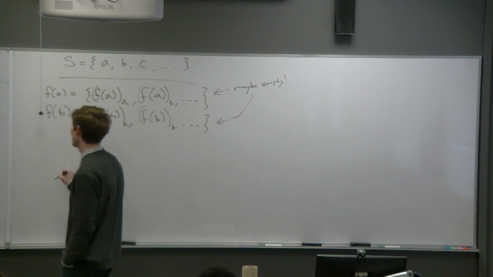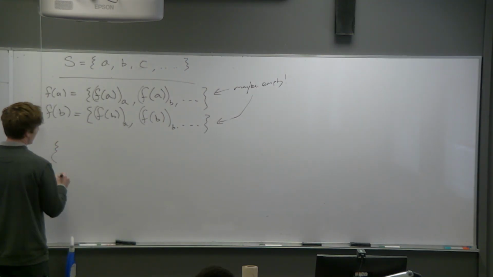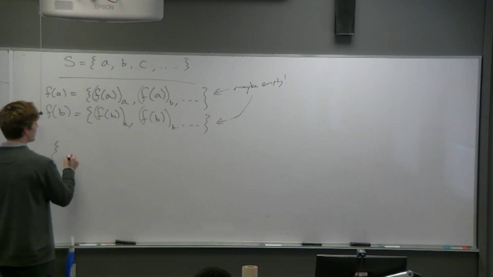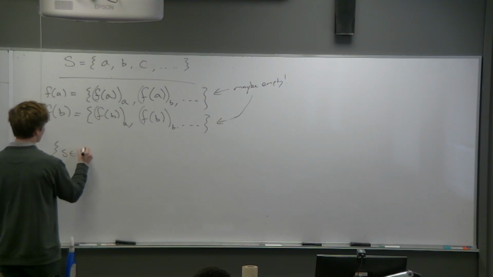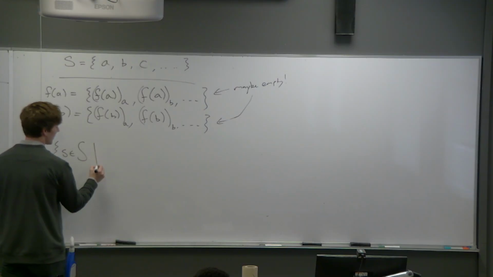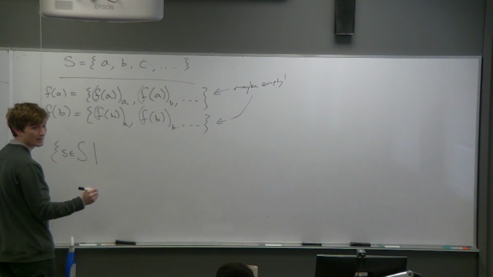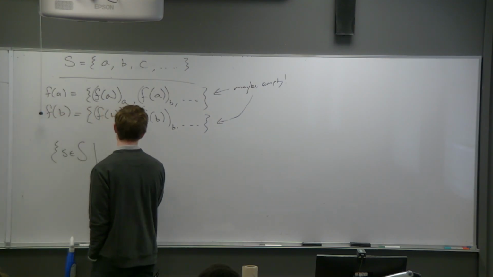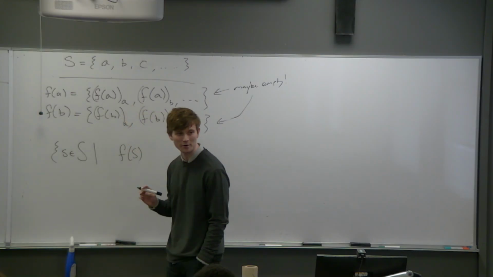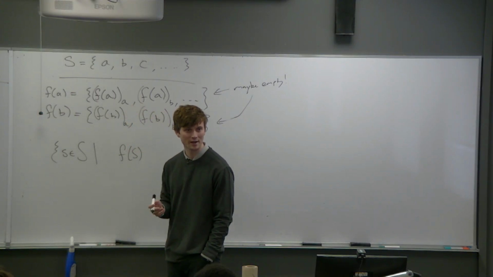What if we took a set and we said, okay, let's let this set be equal to the set of s's in big S, such that what? Well, we want to say something about f of s, which remember is in the power set. There's a subset. So the set of s's satisfying something with regard to a subset.